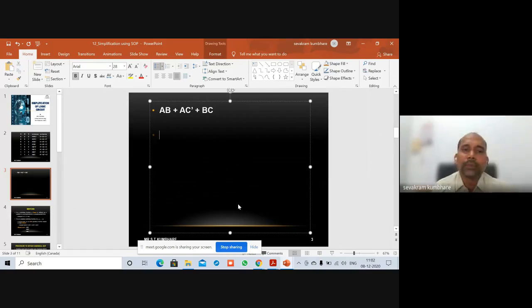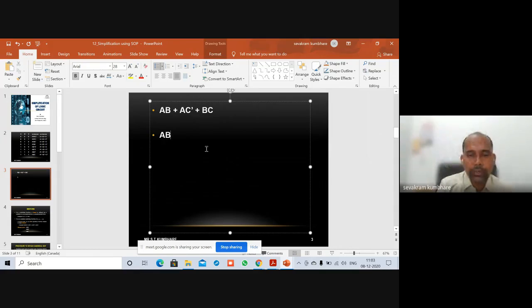Now, can anyone tell me whether this is in canonical form or not? This is not in canonical form because in this expression C is missing, in this B is missing, in this A is missing. If terms are missing, this is not in canonical form. So we need to convert it into canonical form.